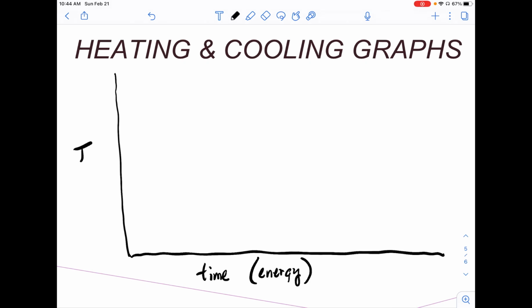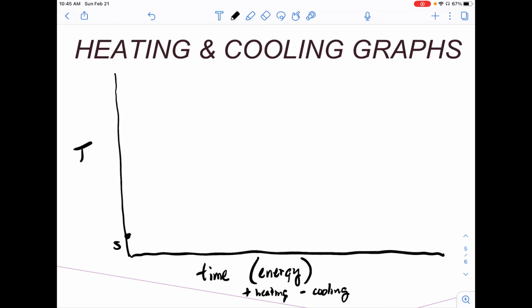So if energy is increasing, that is heating. And if energy is decreasing, that is cooling. So in our lab, we did both. We put things on the burner or on the hot plate, and we heated it up, and then we allowed it to cool.